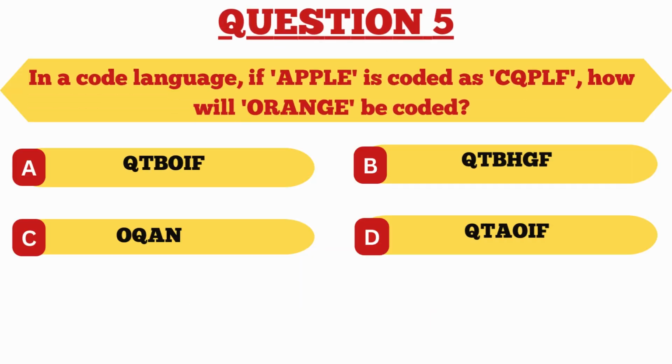Question number 5. In a code language, if apple is coded as CQPLF, how will orange be coded? Options are QTBOIF, QTBHGF, OQANHF, QTAOIF.